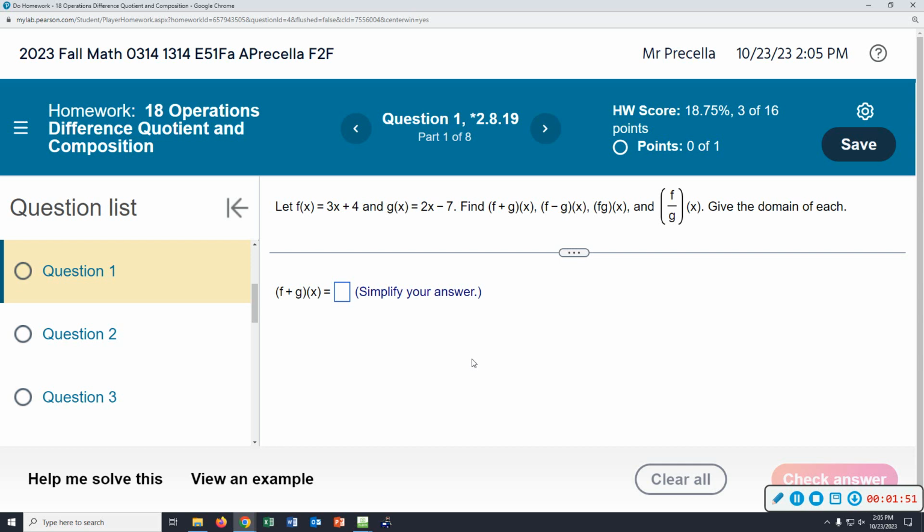And they ask us to find, notice that f plus g inside the parentheses with the x outside of it. That's saying add the two functions together. They want us to find, first of all, f plus g in terms of x. Okay, let's switch over to my paper.